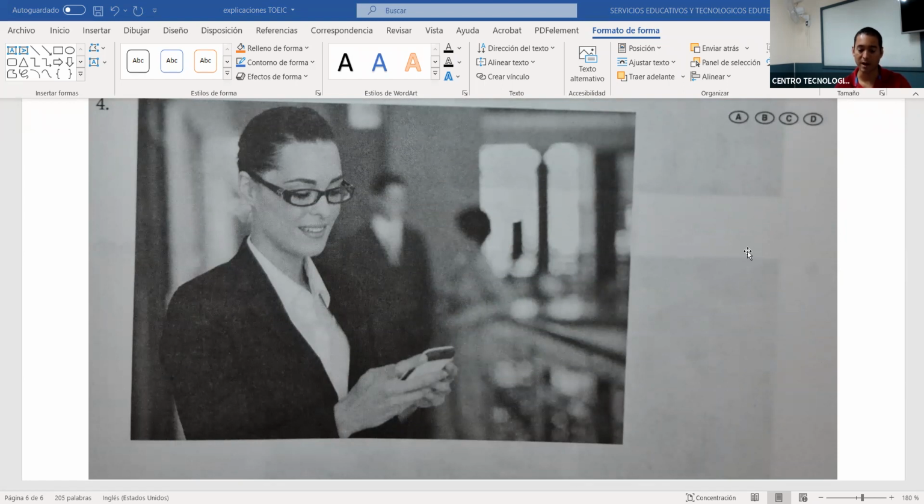Now, for the last practice here, I will play the audio and you're going to try to guess which the best option is, A, B, C, or D. I will give you some seconds, and then you will write down the correct choice. Remember the strategies. Identify the elements, identify the actions, what are the people doing, and based on that, stick to the picture. The picture is the context. Don't make false assumptions. It's only what you see there, the objects or what is taking place.